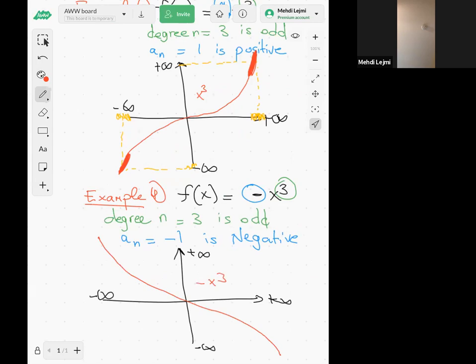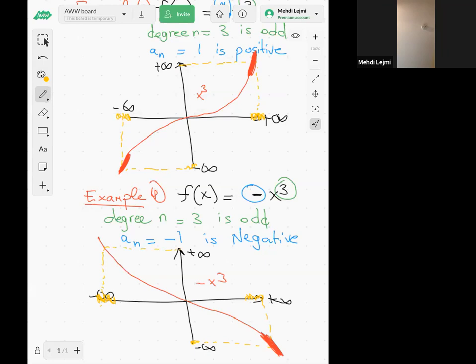Anyway, what happens at positive infinity? If x is close to positive infinity, the output is going to be at negative infinity. So your graph is going to look like this at positive infinity. And when x approaches negative infinity, the output y is going to be at positive infinity.